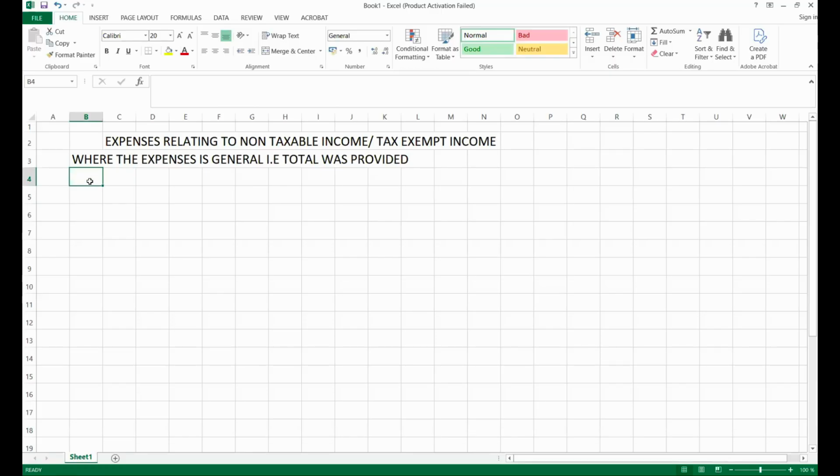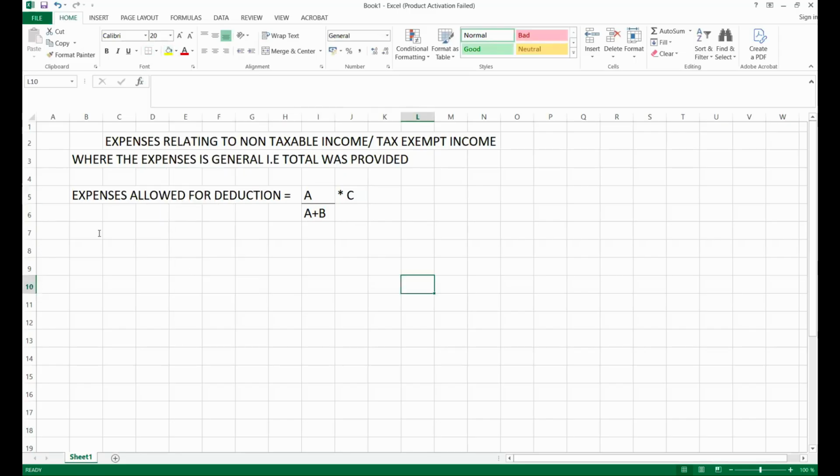To get the expenses allowed for deduction, we are going to use this formula: A divided by A plus B, multiplied by C.